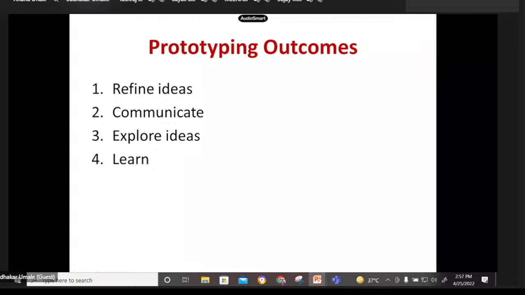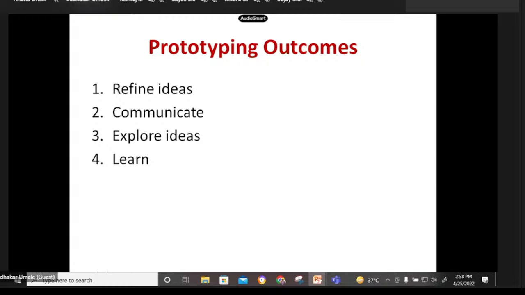And hence, what are the outcomes? You know that when we teach any subject, every subject has its own outcomes. What are the prototyping outcomes? Refine ideas. We have so many ideas. From all the ideas, we are refining and we get only one idea for the prototype. We communicate all the outcomes, all the ideas to all customers, all stakeholders, all manufacturers, and our target is to get a good idea.